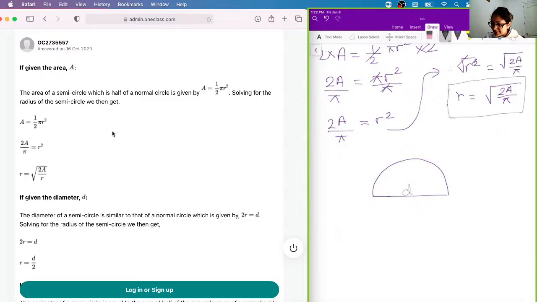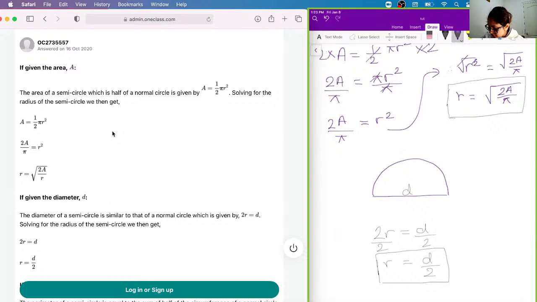It is similar to a normal circle, where you find the diameter by multiplying the radius by 2. To find r, you just move the 2 to the other side, so you divide by 2, and you get r equals d over 2. So this is one way to find r if you're given the diameter.